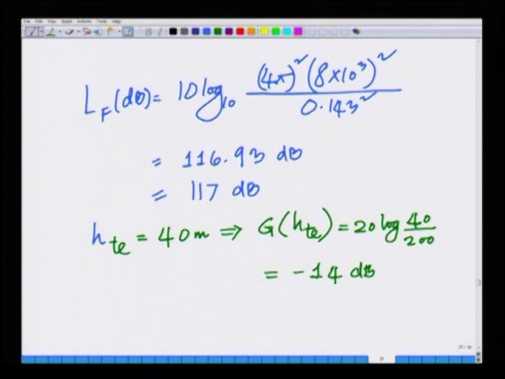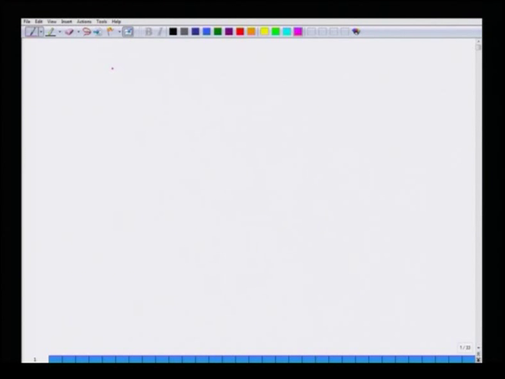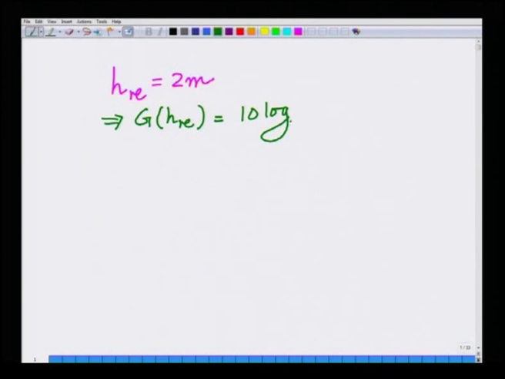So, the next thing we want to compute is the receive antenna gain factor. We have the receive antenna height equals 2 meters, hence the receive antenna gain factor G_HRE equals 10 log10 of 2 by 3, which equals minus 1.76 dB.